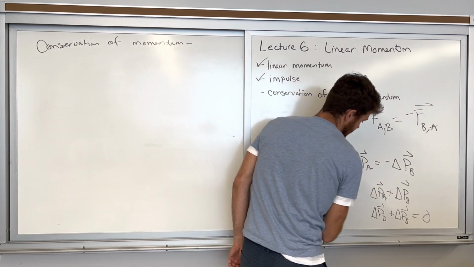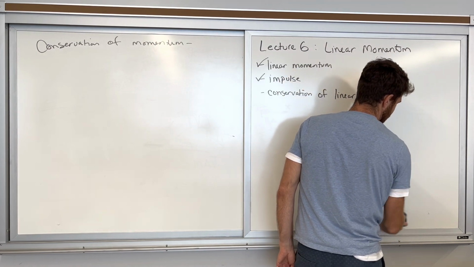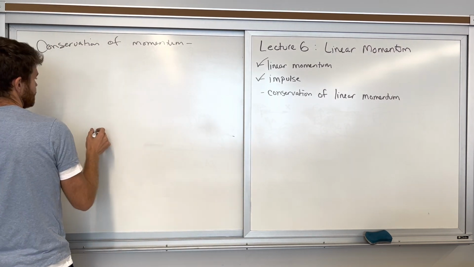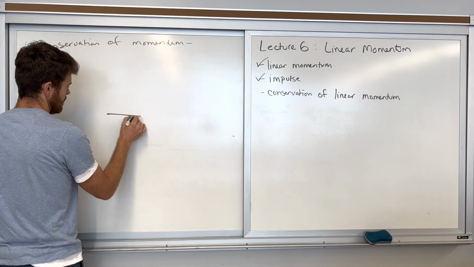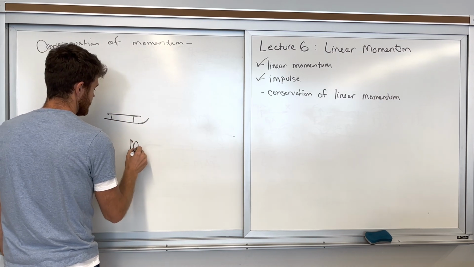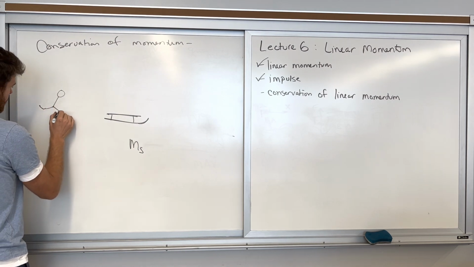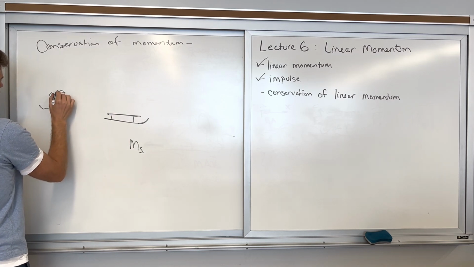And another example is whenever two objects collide and they stick together. So let's say there's a sled. It has a mass m_sled. And there's a person, and they're running, right?